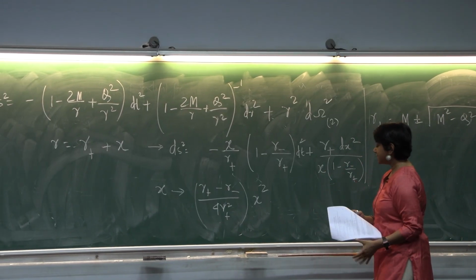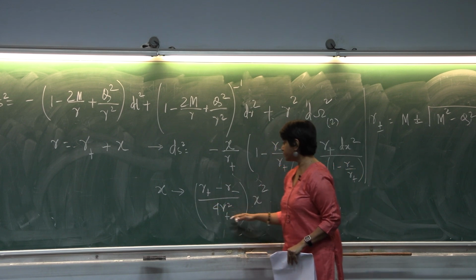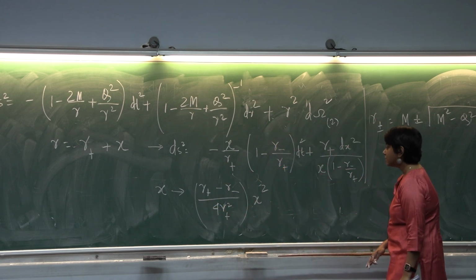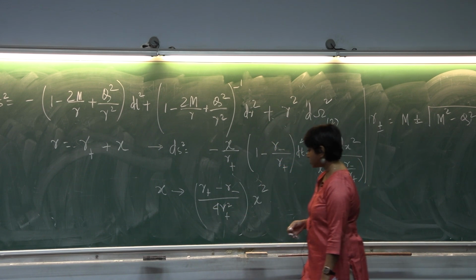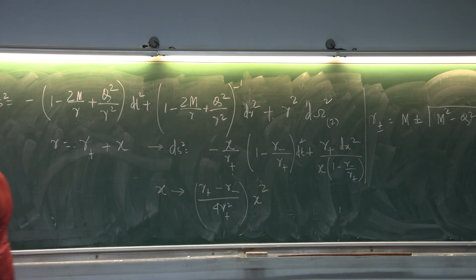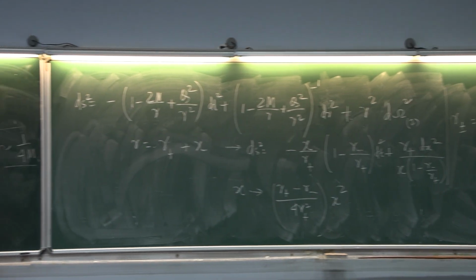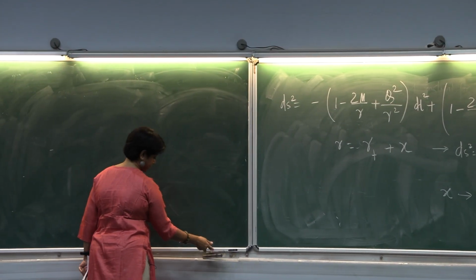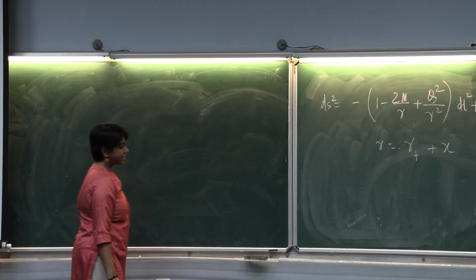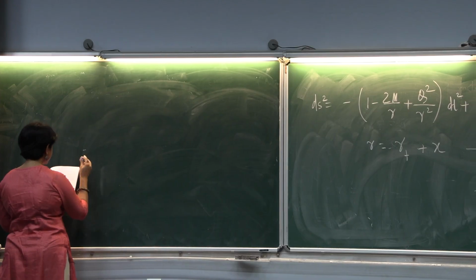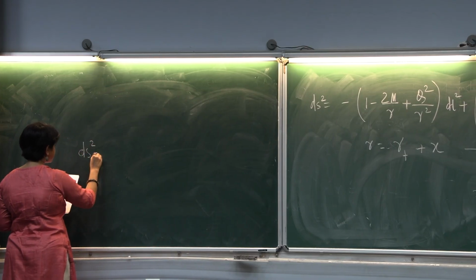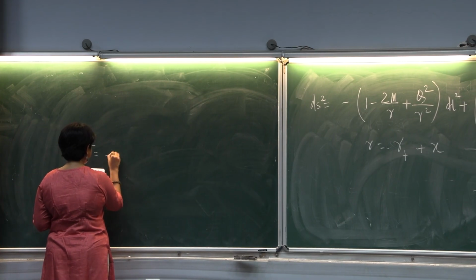So basically this transformation again, if you impose, then you can see what would be the form of your ds square. So if I just take this final redefinition, it will give me ds square as follows.